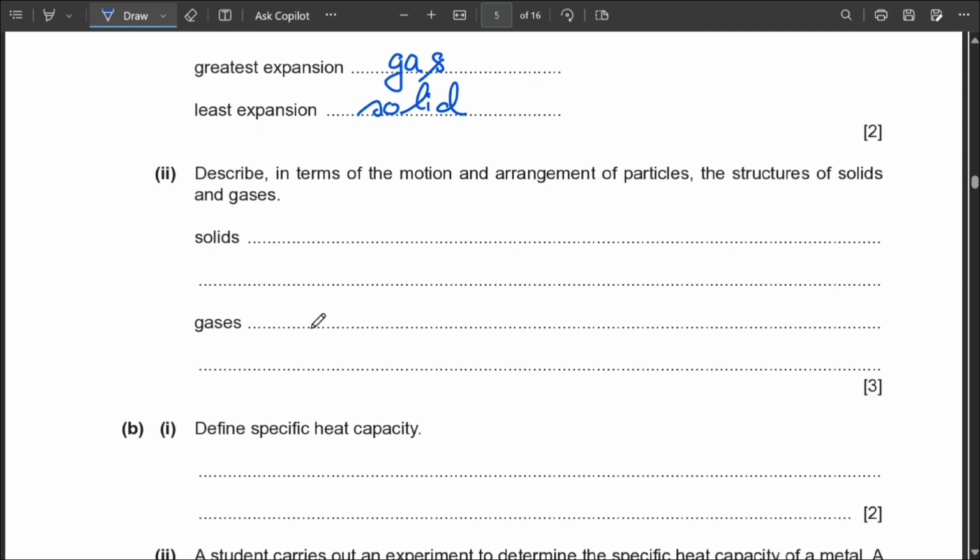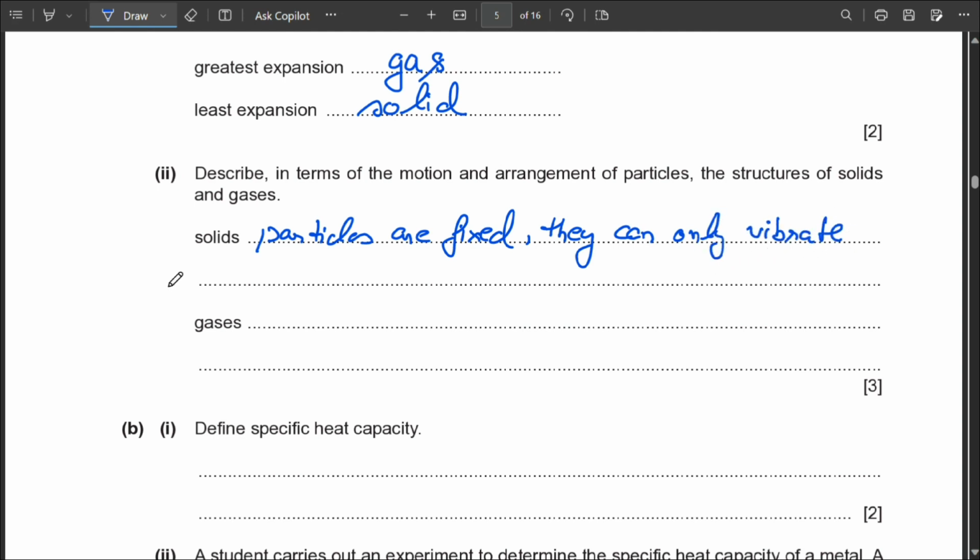Describe in terms of motion and arrangement of particles the structure of solids and gases. In solids, particles are fixed. They cannot move throughout the body as in the case of liquids and gases. They can only vibrate about their mean position.